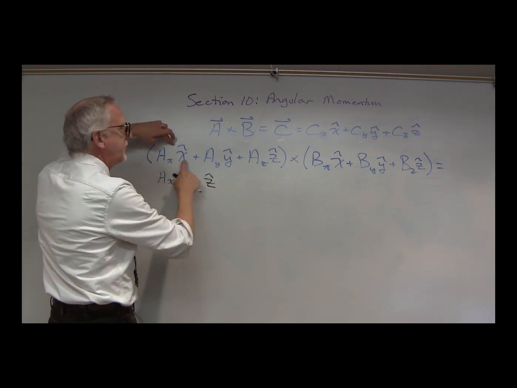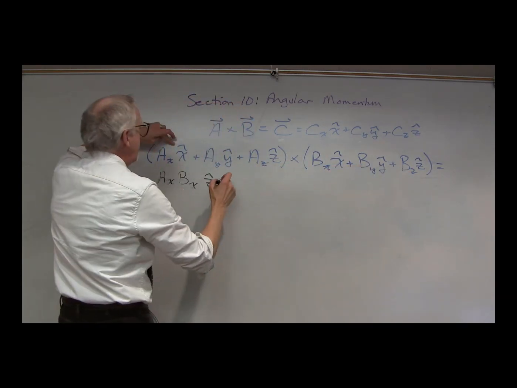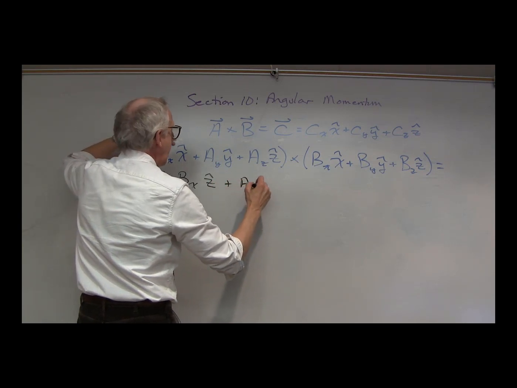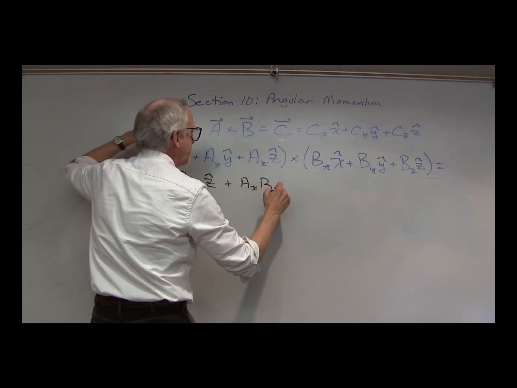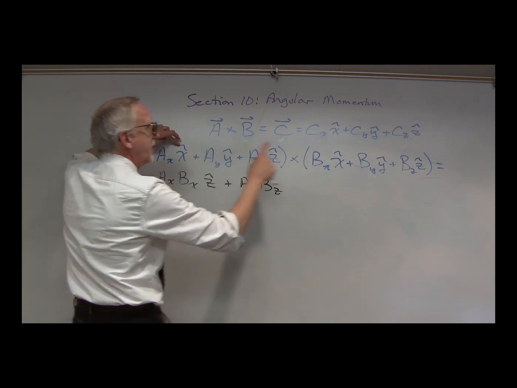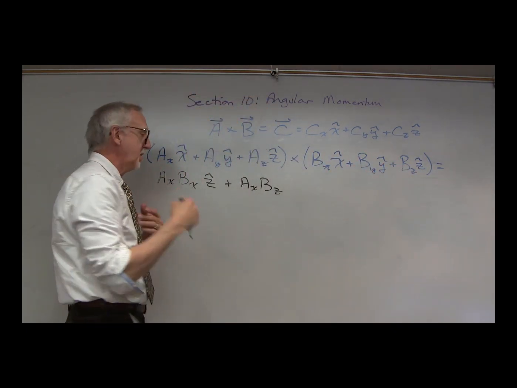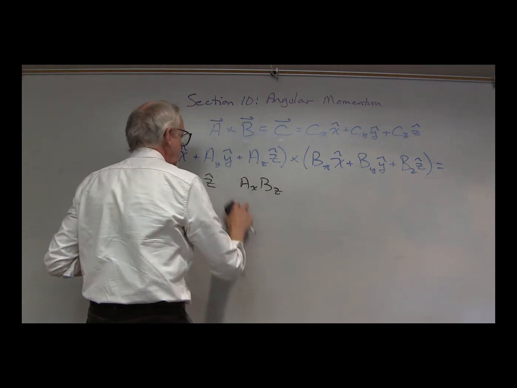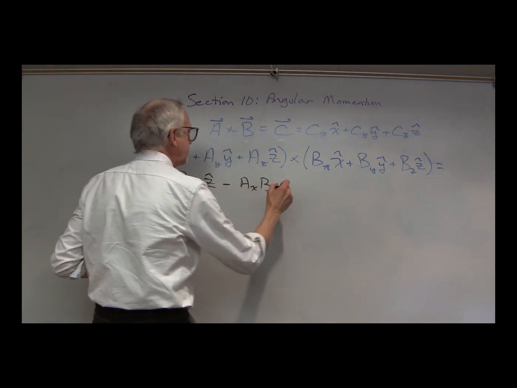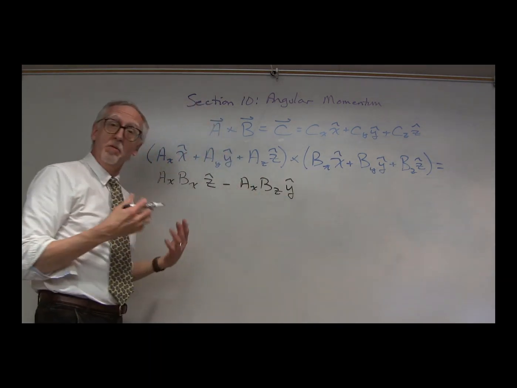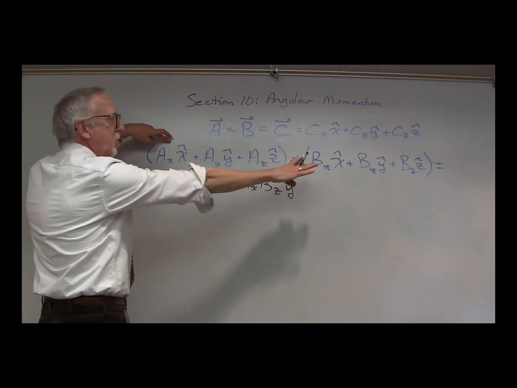And then we'll have this term times this term, so plus ax, bz, x hat cross z hat. But x hat cross z hat is negative y hat. So I'm going to replace this with a minus y hat. Very good. So that's the first term crossed all of those.